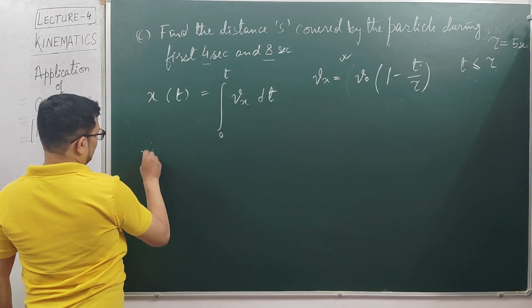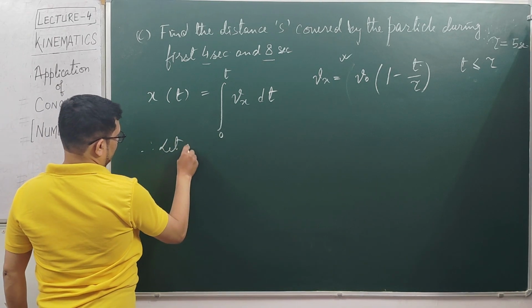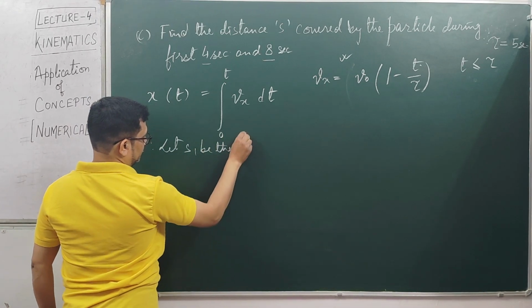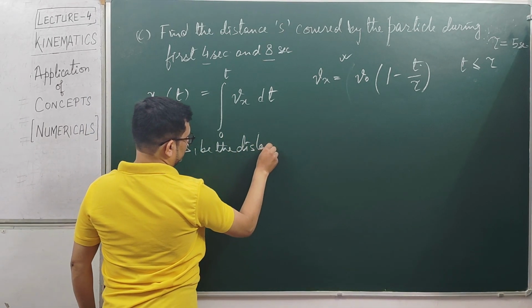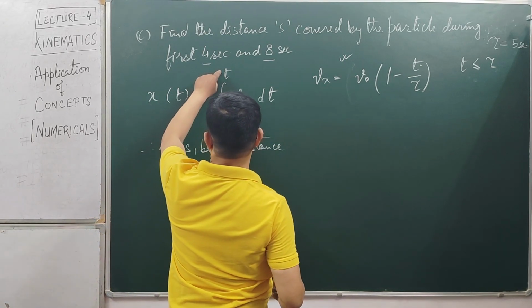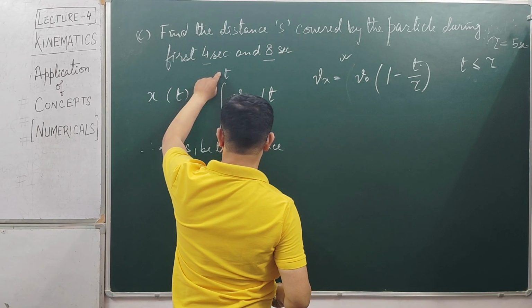So therefore, let S1 be the distance covered. So it's a continuous distance covered, therefore we'll go from 0 to t, and now we'll put the value of 4 seconds here.